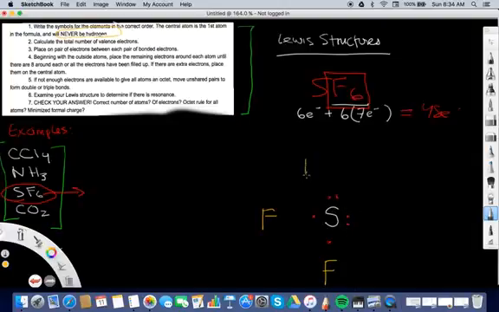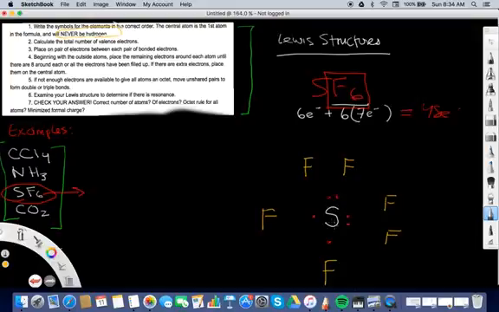And many people might automatically put up a red sign and say, whoa, now sulfur exceeds its octet. It has more than an octet, because if you have a bond here, a bond here, a bond here, a bond here, a bond here, a bond here, 1, 2, 3, 4, 5, 6, 6 times 2, you have 12 electrons for sulfur.